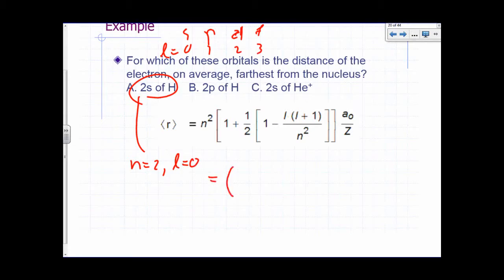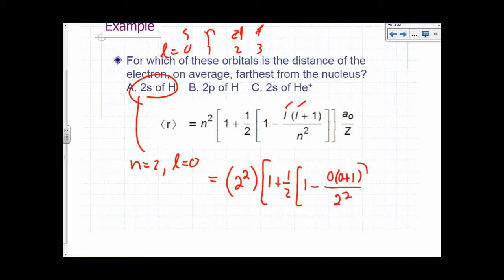That would be equal to n squared, which would be 2 squared, times 1 plus 1 half, times 1 minus 0 times 0 plus 1, that's l plus 1, over 2 squared, times a0 over Z. So that's going to be 4 times 1 plus 1 half, times 1 minus 0, times a0 over Z.